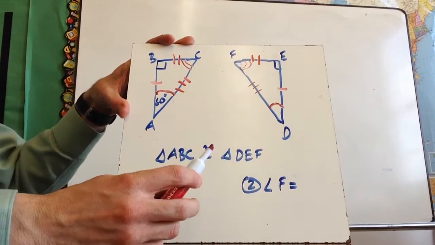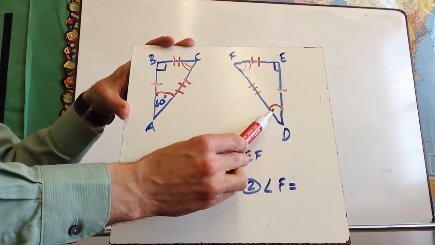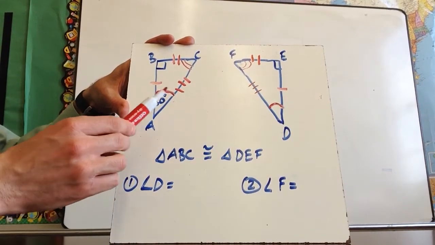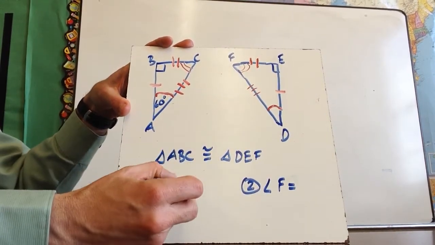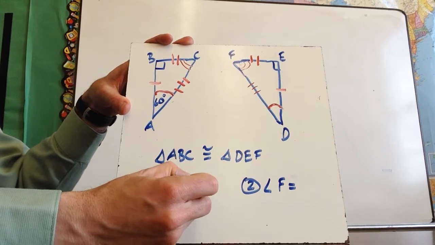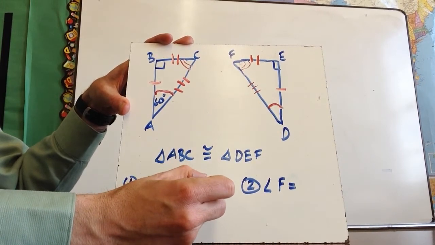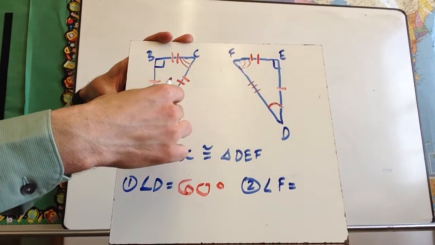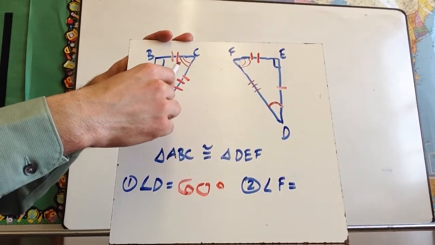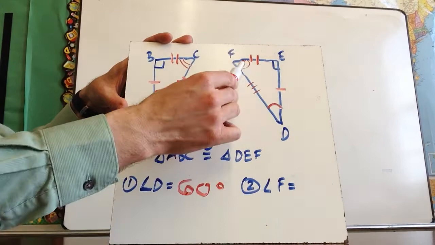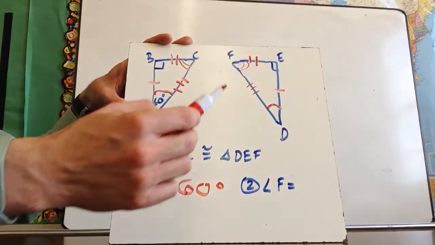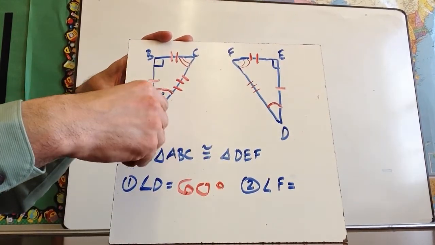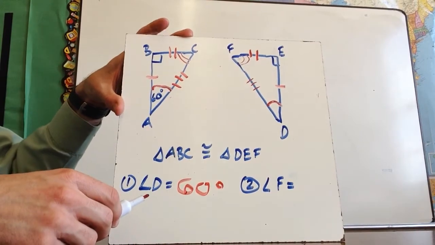Now, if I want to find angle D, and I know that it is congruent to angle A, and angle A is 60 degrees, I then know that angle D is 60 degrees. Now, if I'm looking to figure out angle F, I know angle F is congruent to angle C. So one way I could look at that is, 90 plus 60 is 150.